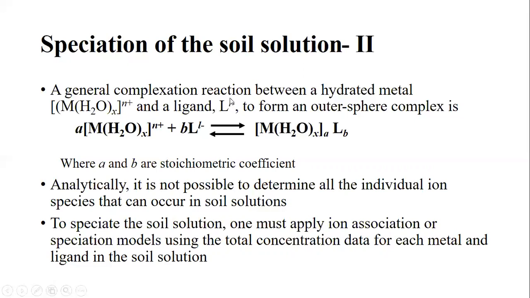This complex of the metal with the hydration water surrounding it has its original valence N plus, and this one has the valence of l minus, to form an outer sphere complex. Remember, outer sphere, because we have water molecules here. The water molecules will be separating the M from the ligand. They are not in contact, so it cannot be an inner sphere.